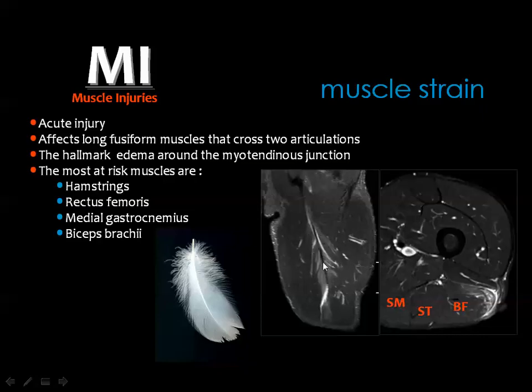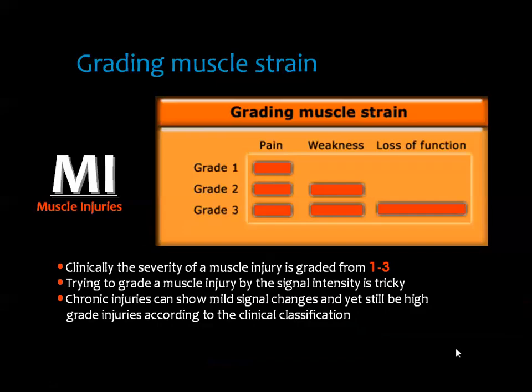This is the tendon of the muscle, and this area is the myotendinous junction, which is the weakest point and is usually vulnerable to injury, where you can see a high signal in the T2 weighted image denoting muscle edema. And these are the most common muscles at risk: the hamstring, the rectus femoris, the medial gastrocnemius, and the biceps brachii muscle.